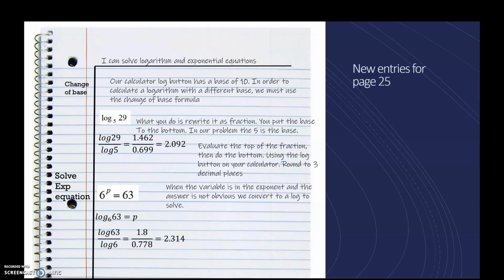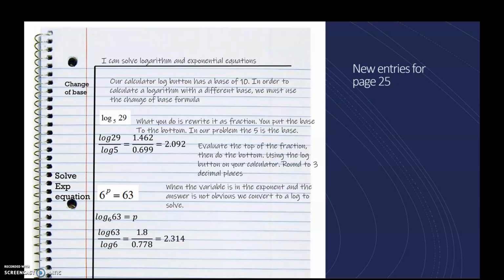We do log 5 and we get 0.699. 1.462 divided by 0.699 is 2.092. So if we put that decimal on 5, we would get 29. Of course, we've rounded, so it's not going to be exact, but these are our approximate answers.